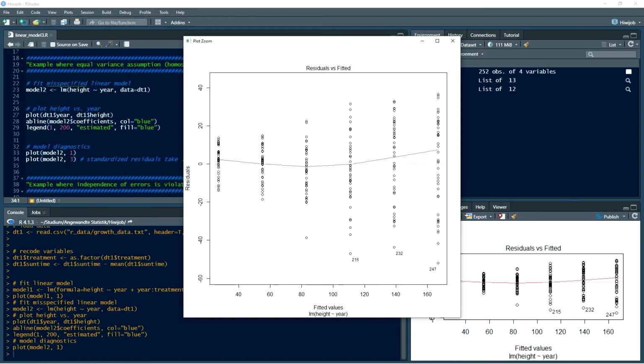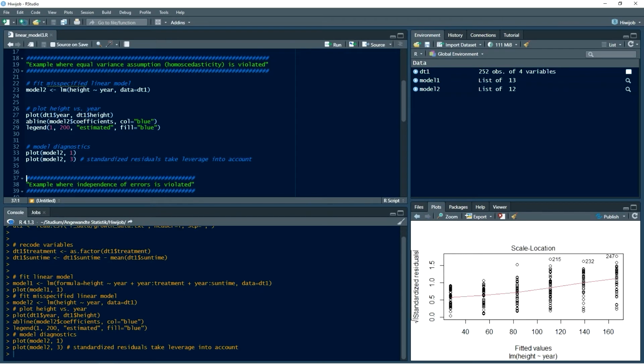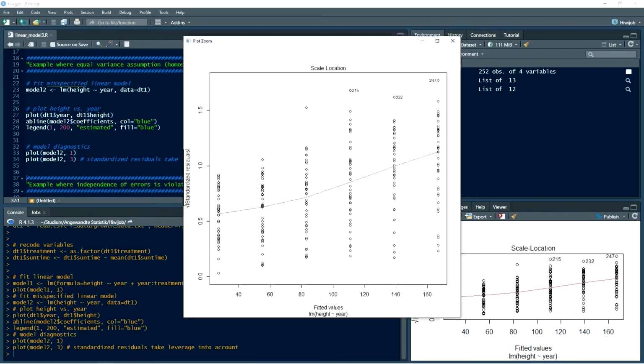If you just want to be on the safe side, all you have to do is look at the third diagnostic plot. Instead of the raw residuals, this plot uses the standardized residuals, which take the leverage into account. If the red line is not roughly horizontal, as can be seen in this plot right here, the homoscedasticity assumption seems to be violated.